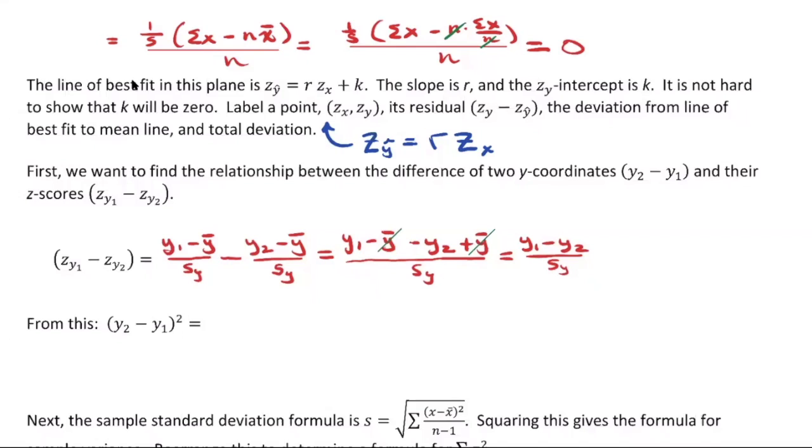Okay, so that's the difference of the z-scores. I want to make sure you see what this is telling us here. This is saying if you take the difference of two z-scores, zy1 minus zy2, that this is the difference of the corresponding y values, y1 minus y2 over the standard deviation of y.